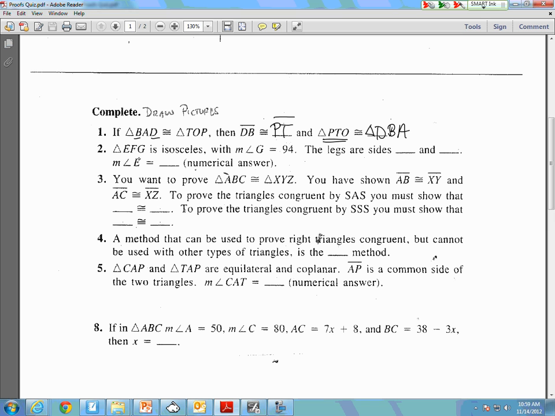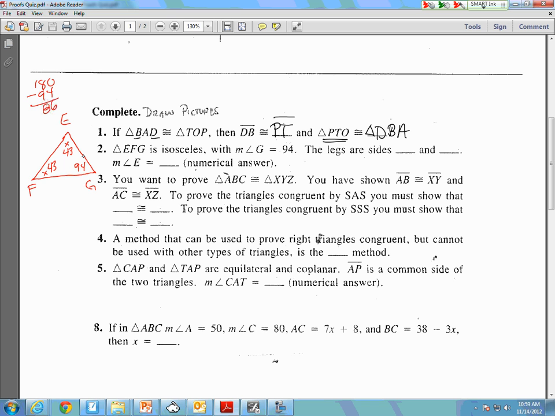The second question, you need a picture to organize the information. They say triangle EFG is isosceles, with the measure of angle G being 94. Well, if that's 94, then 180 minus 94 is 86. So these two angles here have to add up to 86. But they're both going to have to be 43 in order to justify the idea that it's an isosceles triangle.